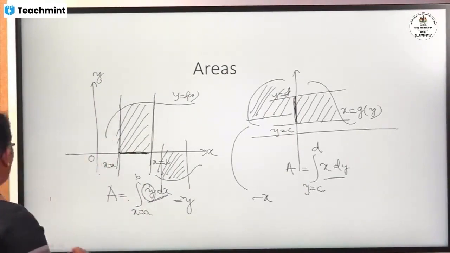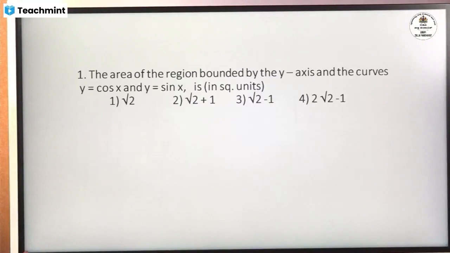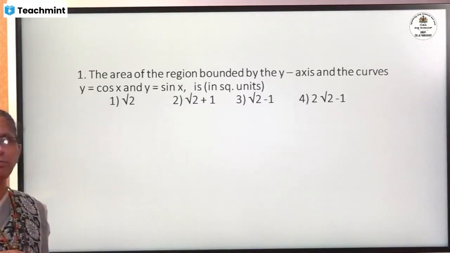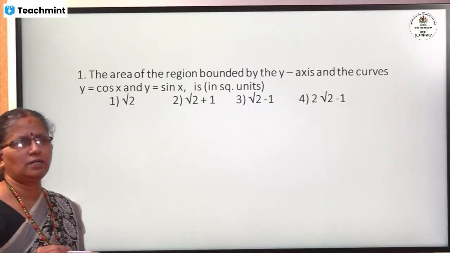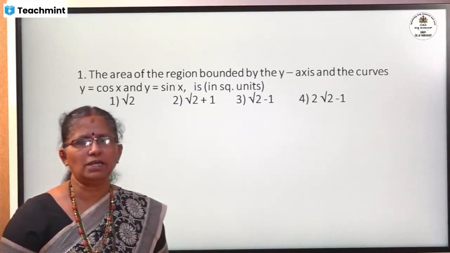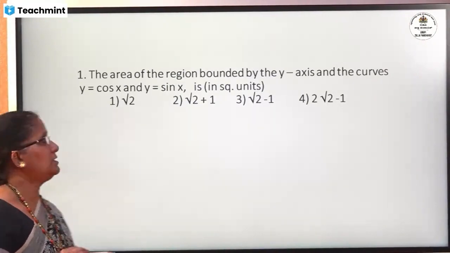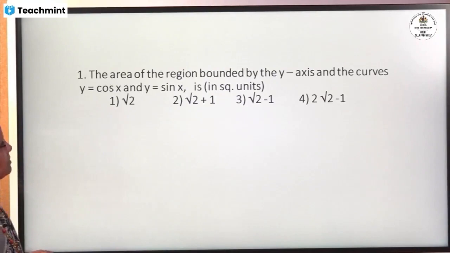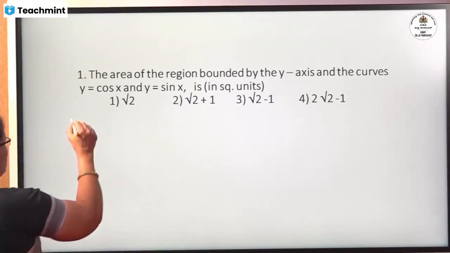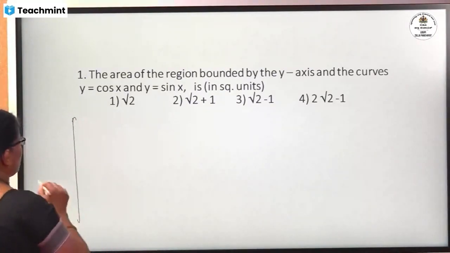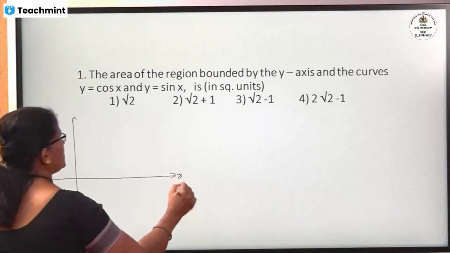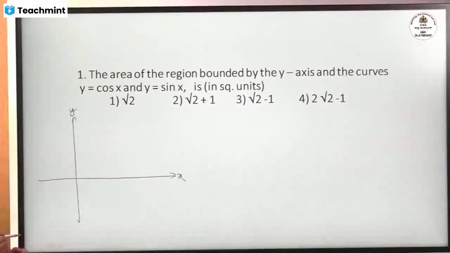Okay. So let us look at some questions. The area of the region bounded by the curves y is equal to cos x and y is equal to sin x and y-axis. So let us try to draw the graph of the curve. This is x-axis, this is y-axis.